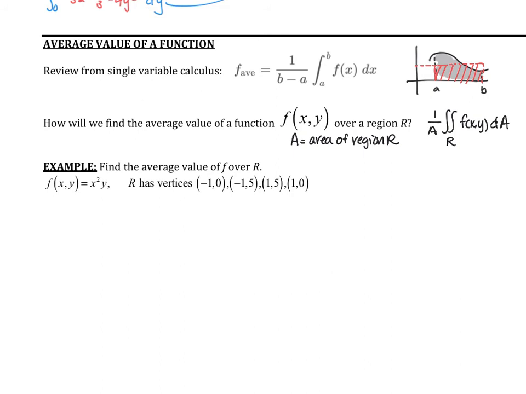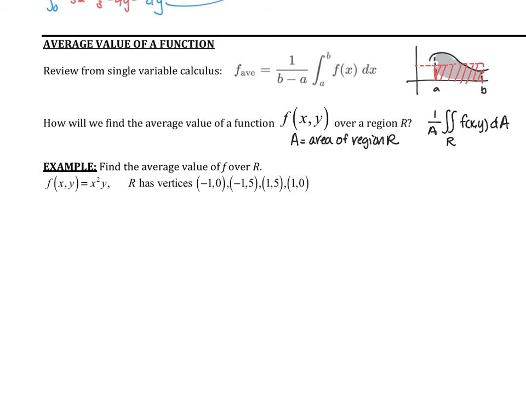This would be the average value. Looks pretty similar. We just have that double integral, and understand that we're looking for the interval is no longer an interval because we're no longer in 2 space, we're in 3 space, so it has to be an area.